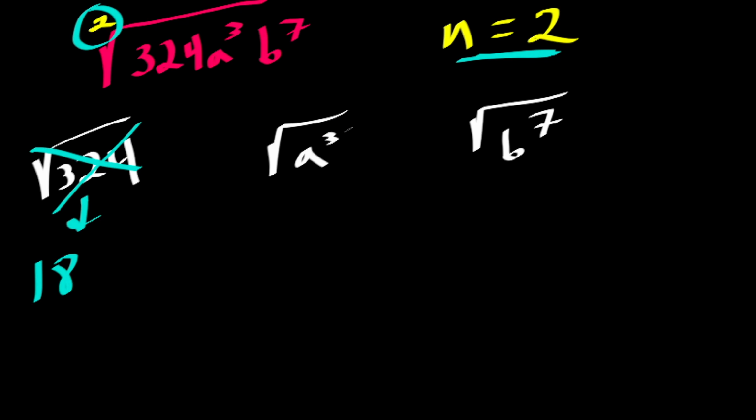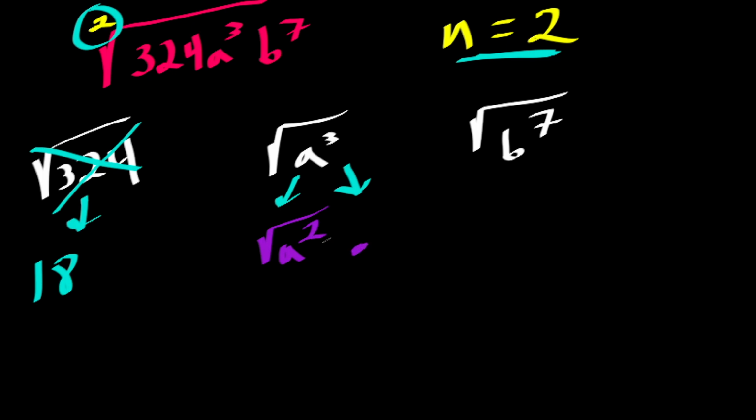Like this 3 needs to be divisible by 2, however, we can all see it's not. So what we need to do is break down a to the third into an exponent that is divisible by 2. And the easiest way to do that would be to just go down 1. We could go from a to the third to a squared, and now a squared, this 2, that's our exponent, is divisible by 2.